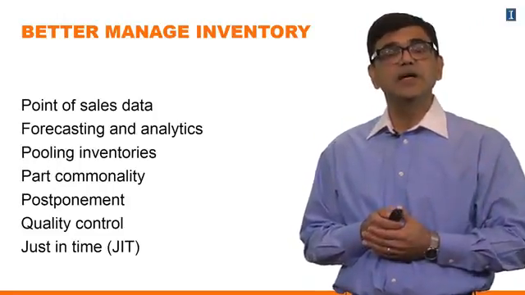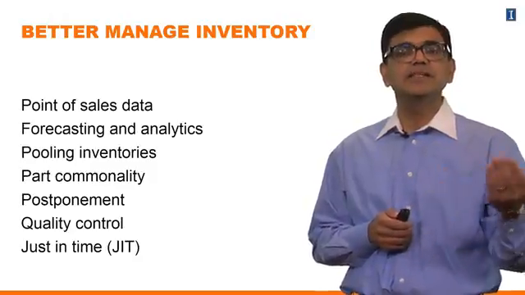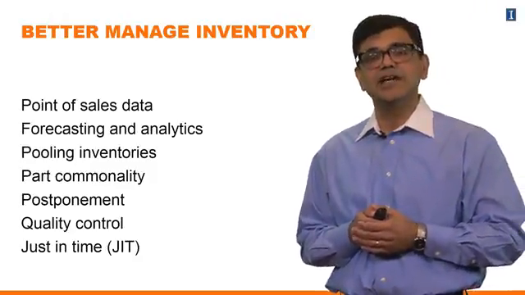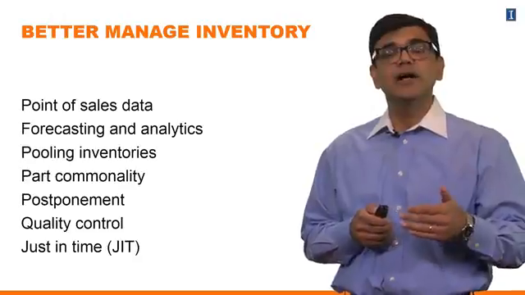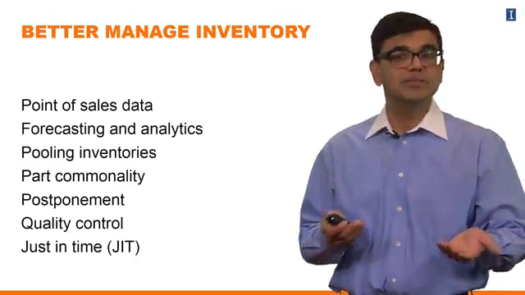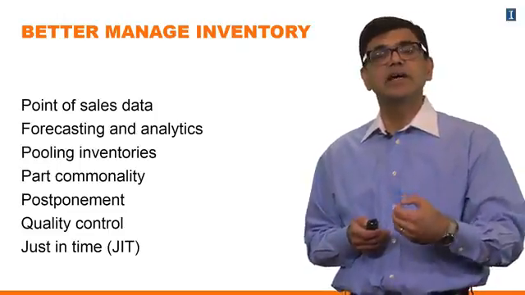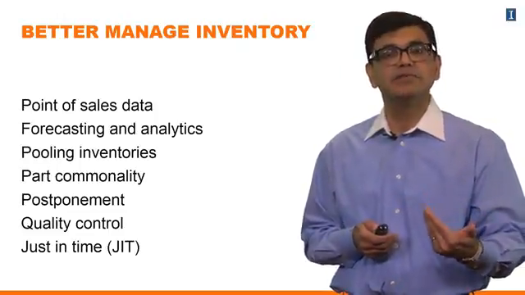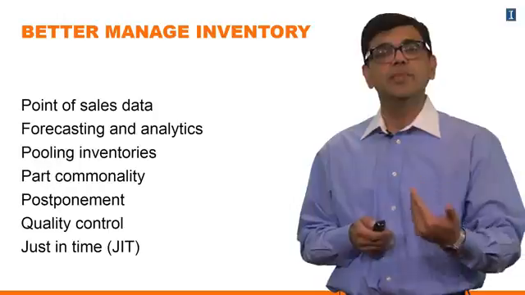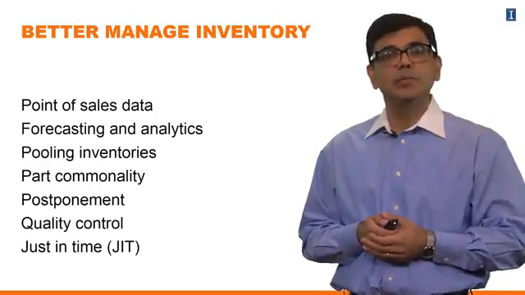And last but not least, the idea of quality control and just in time. Not having quality issues so that your supply is more predictable. Forcing yourself to reduce setup times and getting into just-in-time deliveries can help you get better at managing the bullwhip effect.